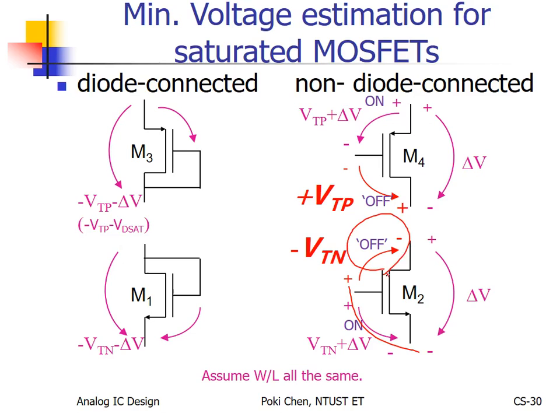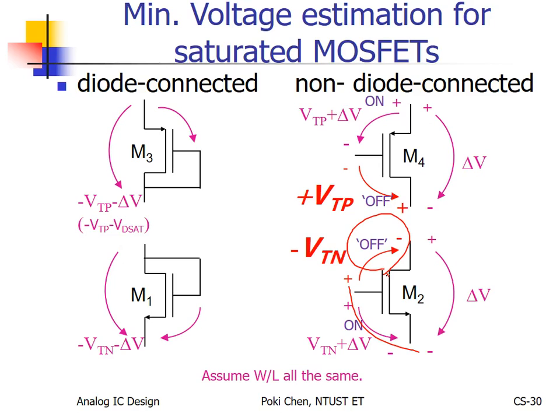What is the definition for off? Again, gate here, right? To make it on, the source needs to be 1 VTH lower than the gate, but that is in triode region. Right now we are talking about saturation region, so you need VD to be larger than or equal to VG minus 1 VTH.